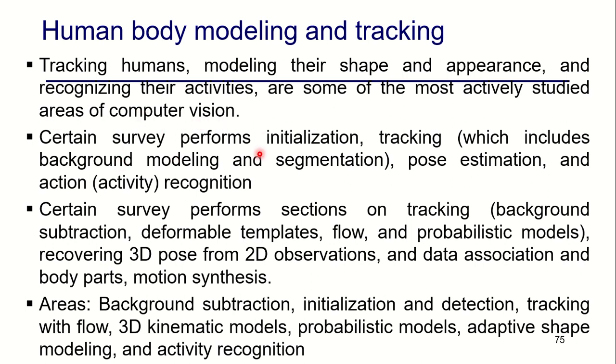A typical survey covers initialization and tracking, which includes background modeling and segmentation, pose estimation, and action recognition. It has sections on tracking, background subtraction, deformable templates, flow and probabilistic models, recovering 3D pose from 2D observations, data association, and body parts motion synthesis.